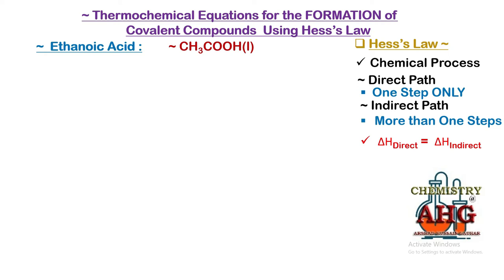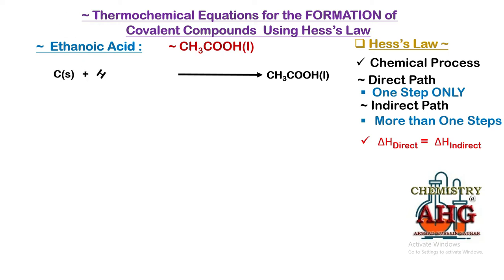Now what is the direct path? As I told you, simply you can prepare ethanoic acid in one step. How is that? Ethanoic acid is a combination of three types of elements. What are the three elements involved in the formation of ethanoic acid? One element is carbon. Carbon is a solid non-metal.